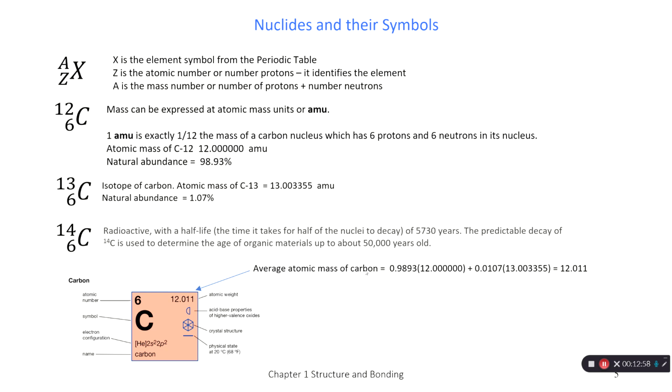How that can be calculated is to take the percentage of carbon-12, or 0.9893 times 12, and add it to the percentage of carbon-13, and that's 0.0107 in decimal form, times its atomic mass, and you actually get the average atomic mass of carbon, and this is what is listed on the periodic table for the various elements. So it's a weighted average of the masses of the different isotopes.